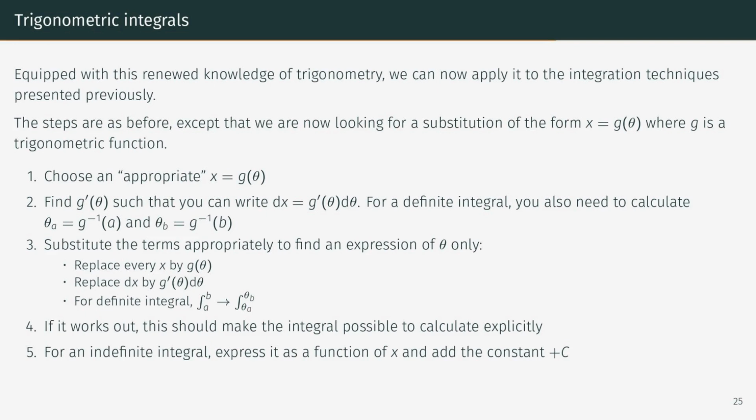And for a definite integral, we replace the boundary from a to b with theta a to theta b. Fourth, if this works out, then this should make the integral possible to calculate explicitly. And fifth, again, for an indefinite integral, we express it as a function of x, and we add the constant plus c.